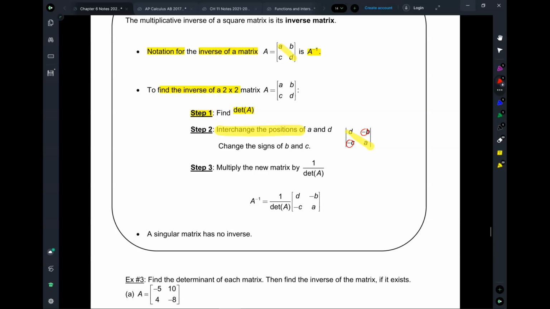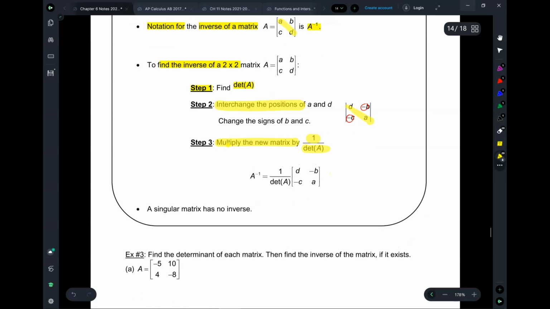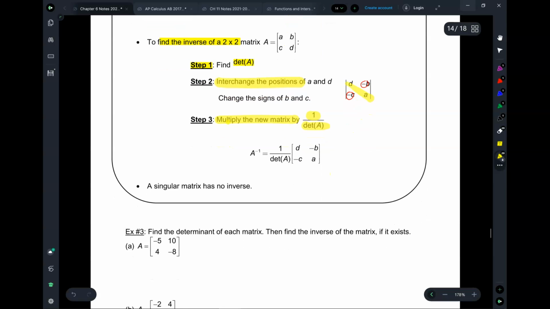So swap the highlighted one, and switch the sign of the other one. So swap, change sign. Then step 3, multiply the new matrix by 1 over the determinant. So that's how it looks. Let's try one.